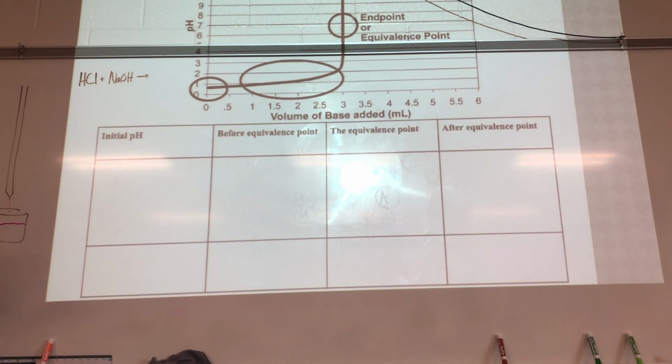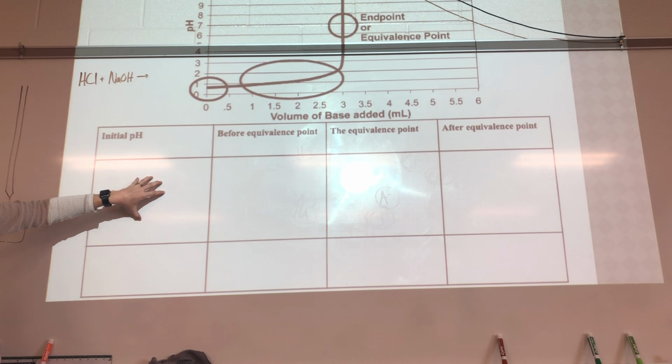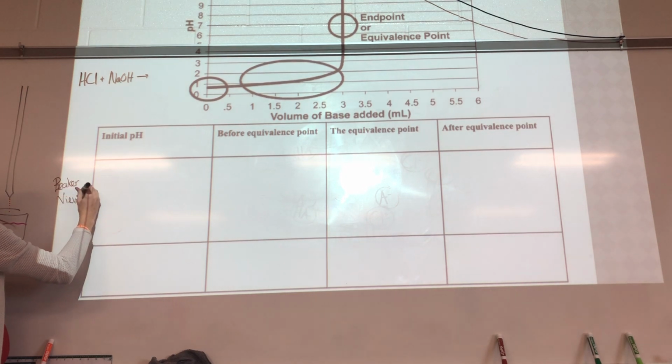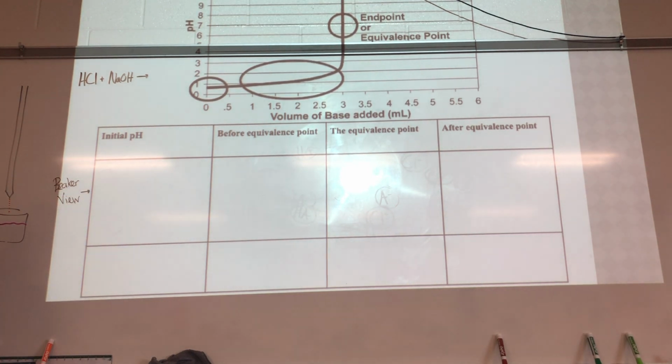So right now, these boxes are going to represent what's in the beaker. Okay, so this is our beaker view. So with your table buddy, for a smiley face, I want you to draw me a picture of the molecular view of my beaker before I drop any base in.